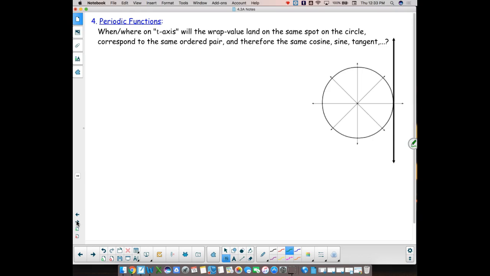Okay? What I mean by that is, if I set a t value, and then I wrap that t value onto the unit circle.